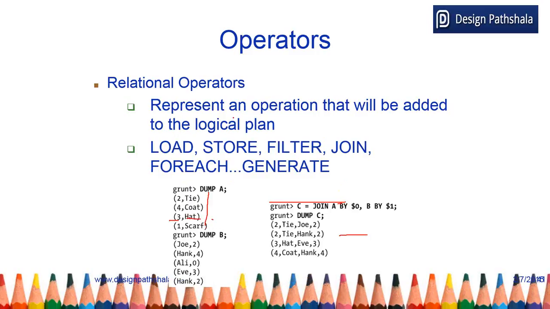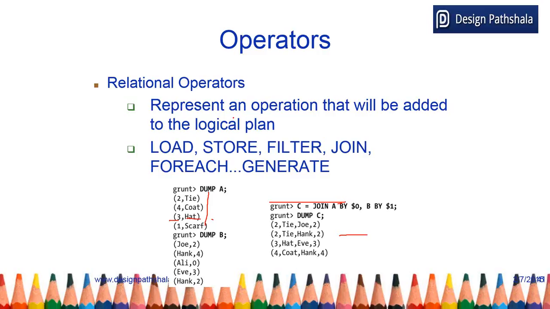I say dump A, dump B. I hope you can see on the left hand side what is A, what is B. After that, what I'm doing is join A by $0, B by $1. So I'm using the first column of A to join with the second column of B. And if you can see, when we have done the join, the A and B records are joined with the corresponding keys.